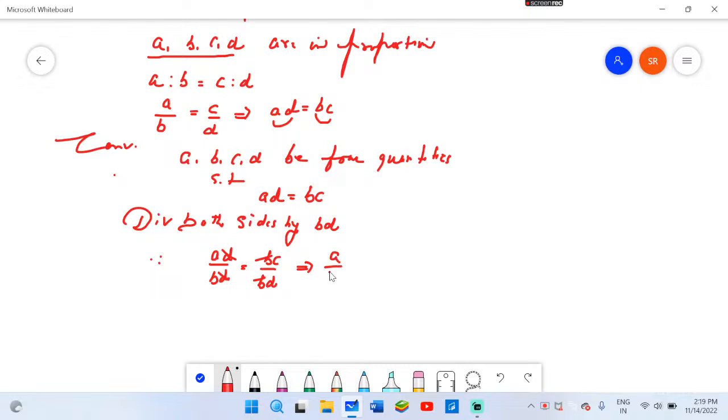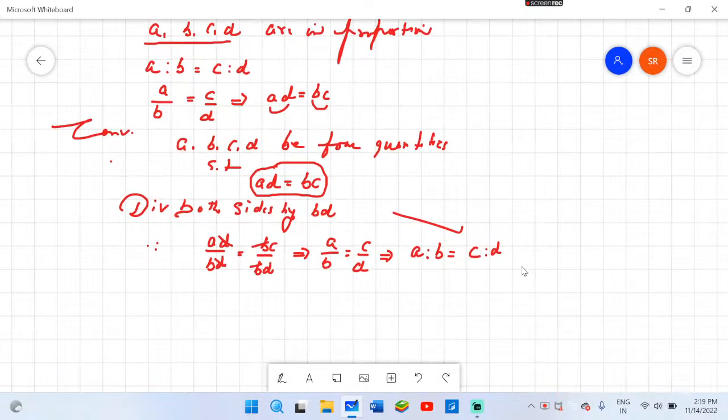It is A upon B is equal to C upon D. That we can write as A is to B is same as C is to D. Therefore, if four quantities A, B, C and D are such that AD is equal to BC, then they must be in proportion. Hope you understood.